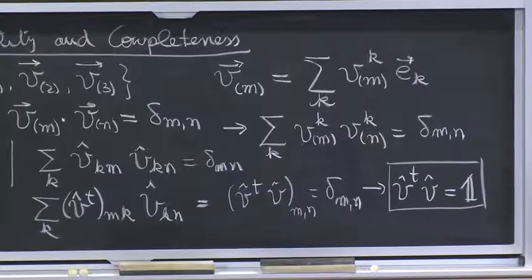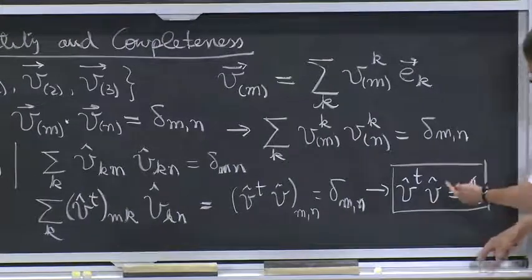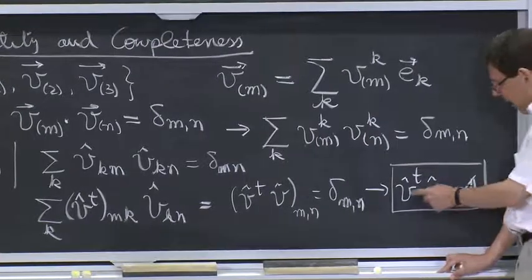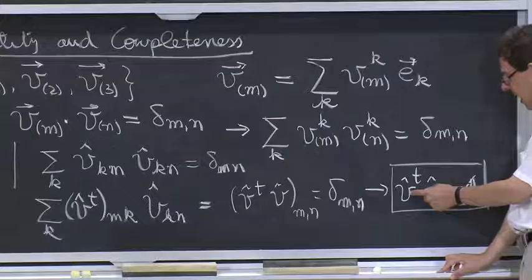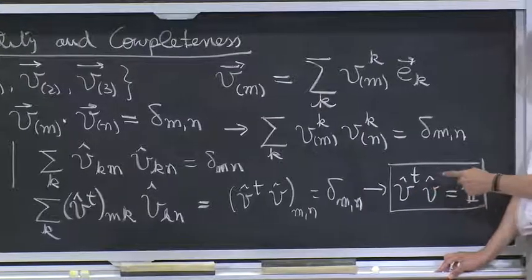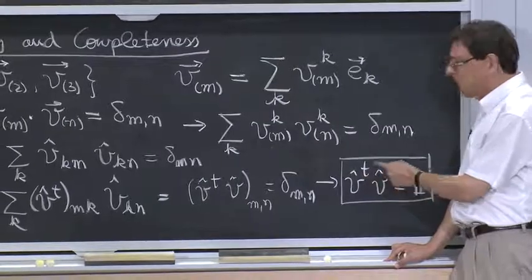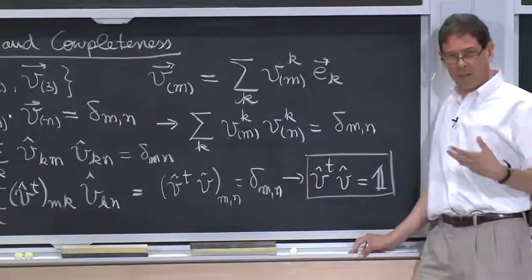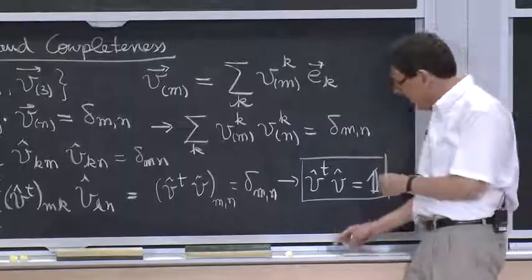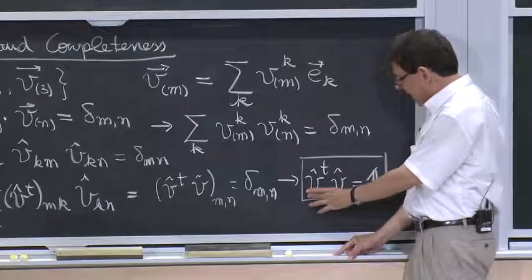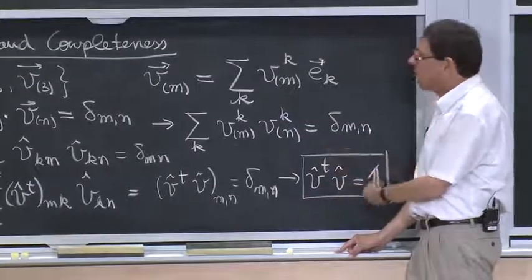This is to say, actually, that the transpose matrix V hat is the inverse of V. A matrix whose transpose is its inverse is called an orthogonal matrix. That's not too relevant now, but it's a nice name, and you can recognize this kind of equation.